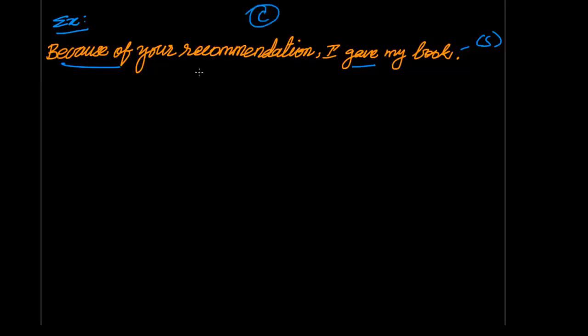By reading the first sentence, "because of your recommendation, I gave my book," someone, a person, is already here: I, the first person. Another person is also here. So in a compound sentence, we have 2 main clauses and 1 conjunction, so we have to make 2 subjects here. By reading the first part, "your recommendation," we can find 1 subject here, you.